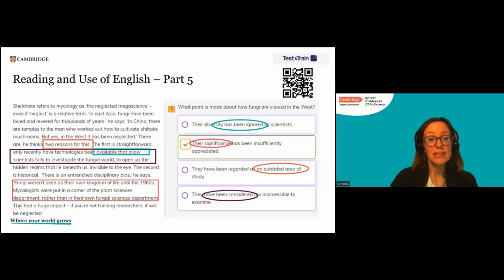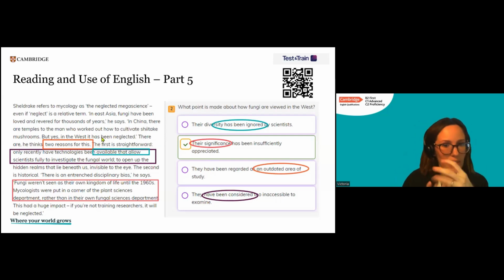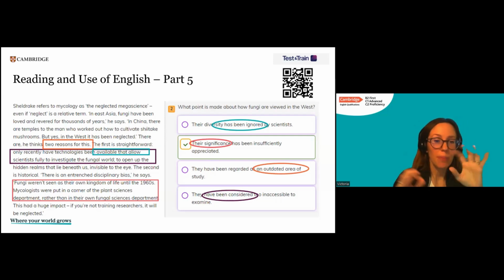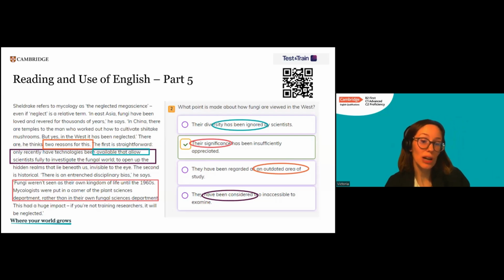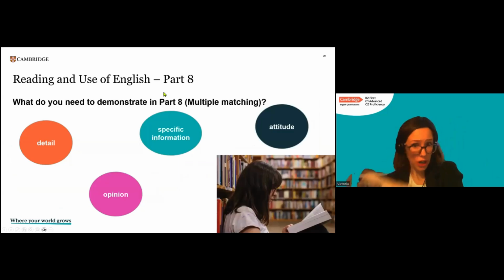So this is an example of the type of parts of the text, the type of reasoning that you have to carry out in order to be able to reach the correct option here. Right, so moving on now to part 8.